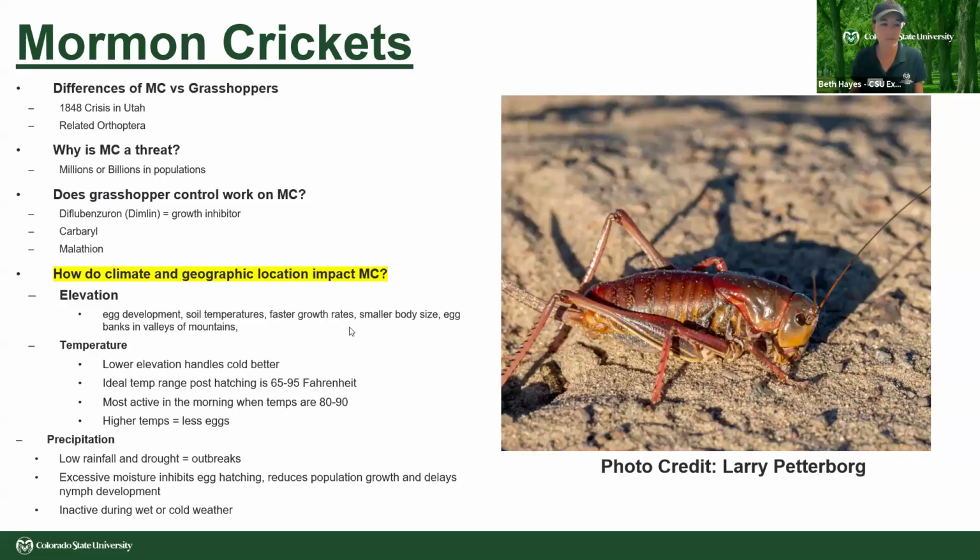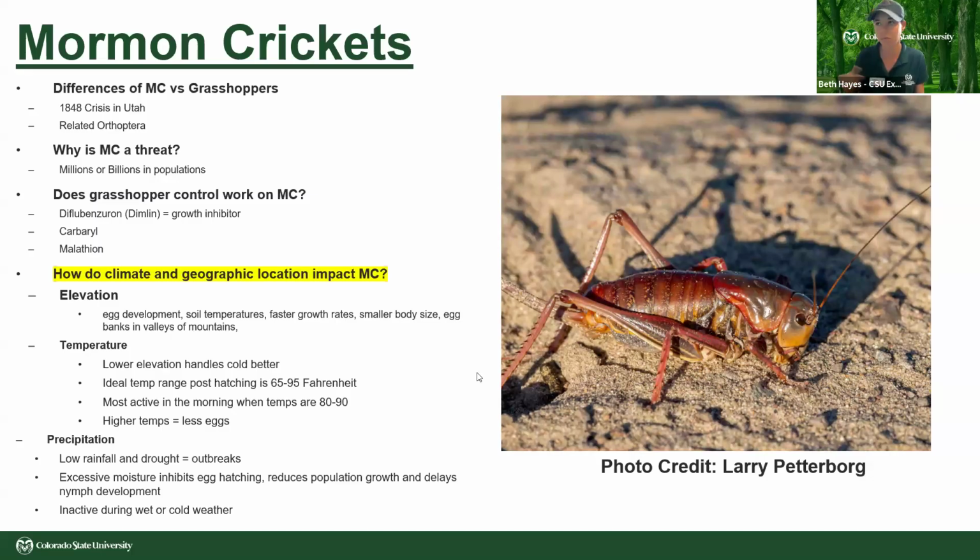They have faster growth rates, a smaller body size, and they don't have wings, which is the big deal, so they can't fly, but they do hop, and they can have huge egg banks in the valleys of mountains. So elevation is less of a factor if a pocket gets started for these Mormon crickets, which is really bad. Their ideal temperature range for movement is a little lower than grasshoppers.